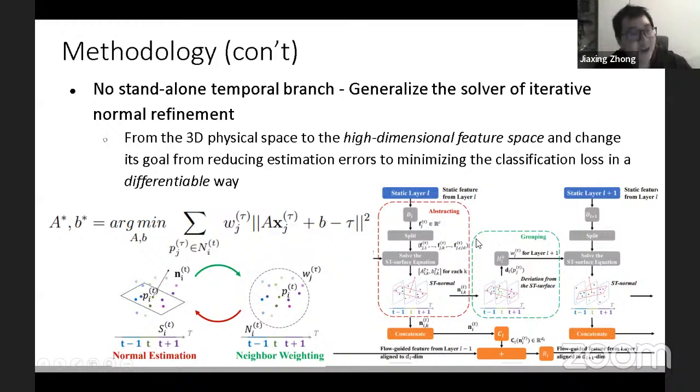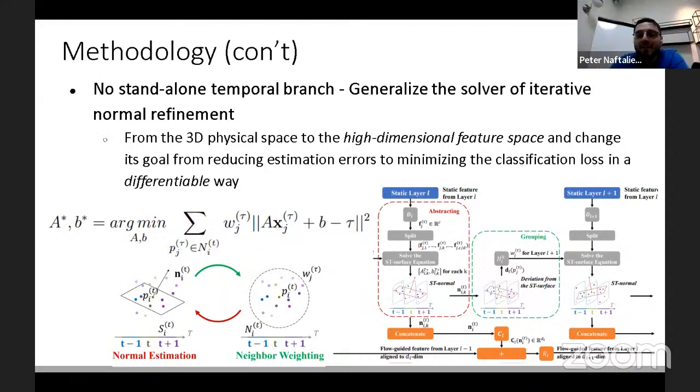In this step, we do the grouping for the next layer, and in the next layer, we take the grouping and calculate the abstracting in the next layer. That is a repeated process.